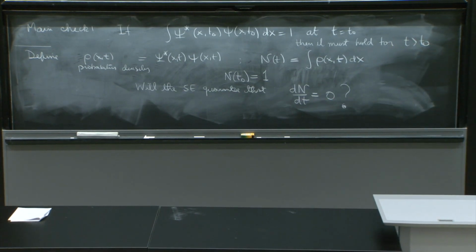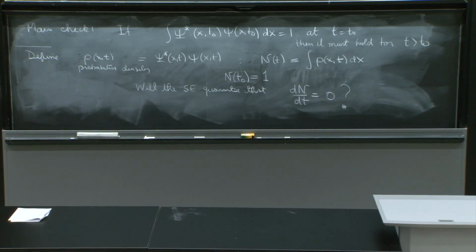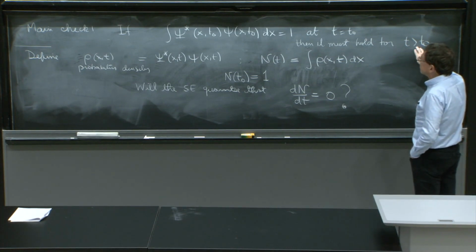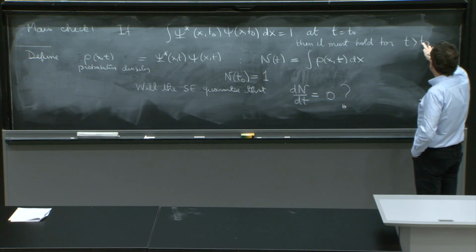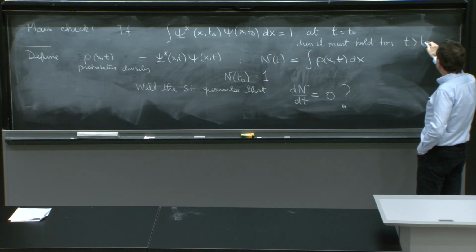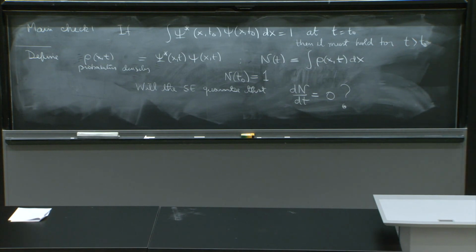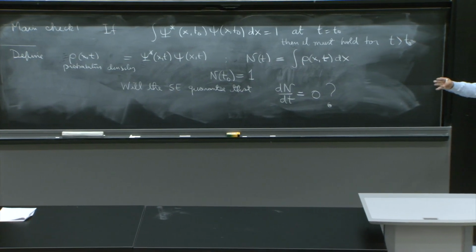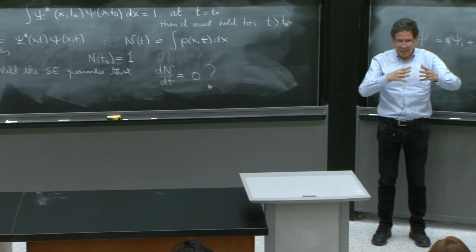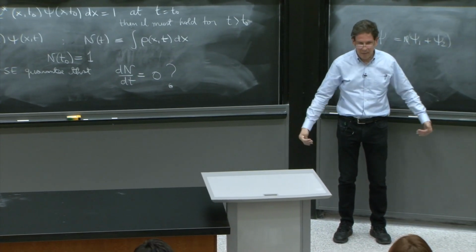Yes? May I ask why you specify for t greater than t naught? Well, I don't have to specify for t greater than t naught. I could do it for all t different than t naught, but I say it this way, imagining that somebody prepares the system at some time t naught, and maybe the system didn't exist for other times below.